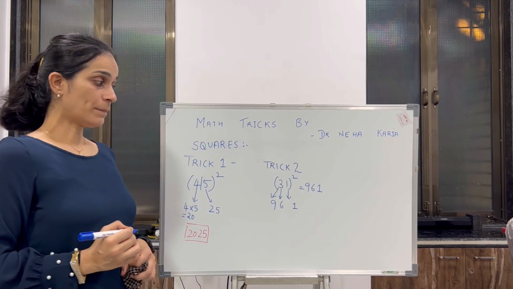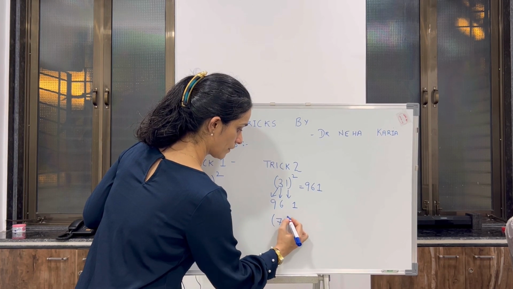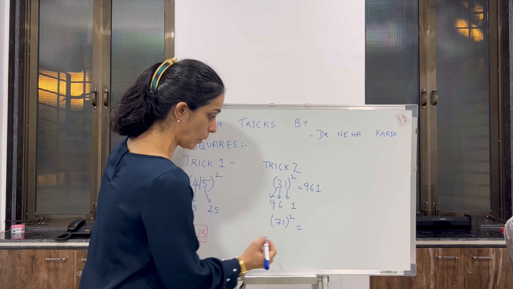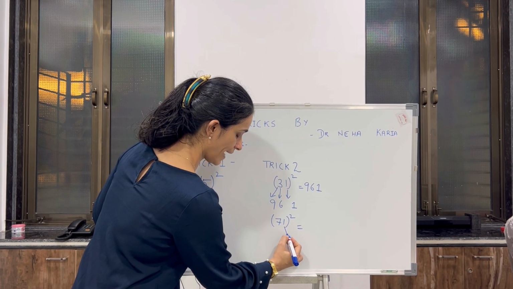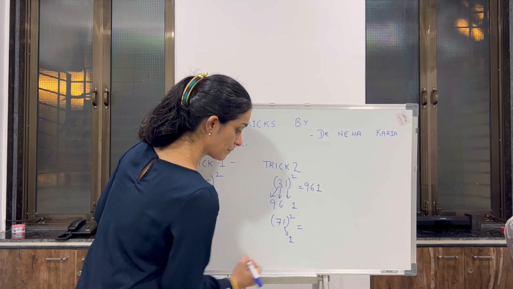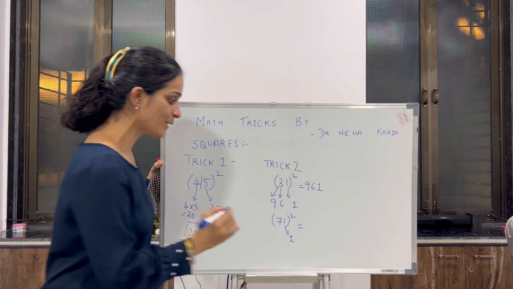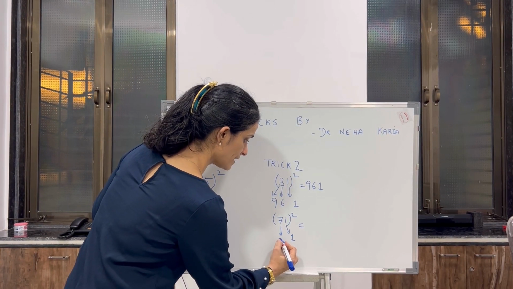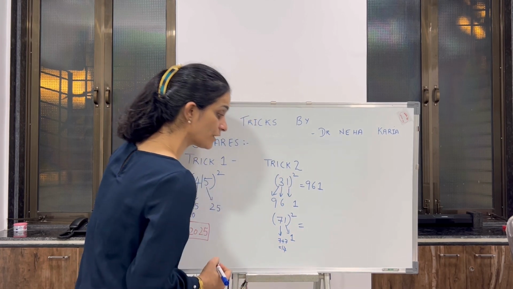Let's take a bigger number, 71 square. 71 square says what? Same method. First, 1 square, 1. I write 1 in the units place. Double the number in the tens place. Now when I double the number in the tens place, it gives me 14. 7 plus 7 is 14. I can't write 14.